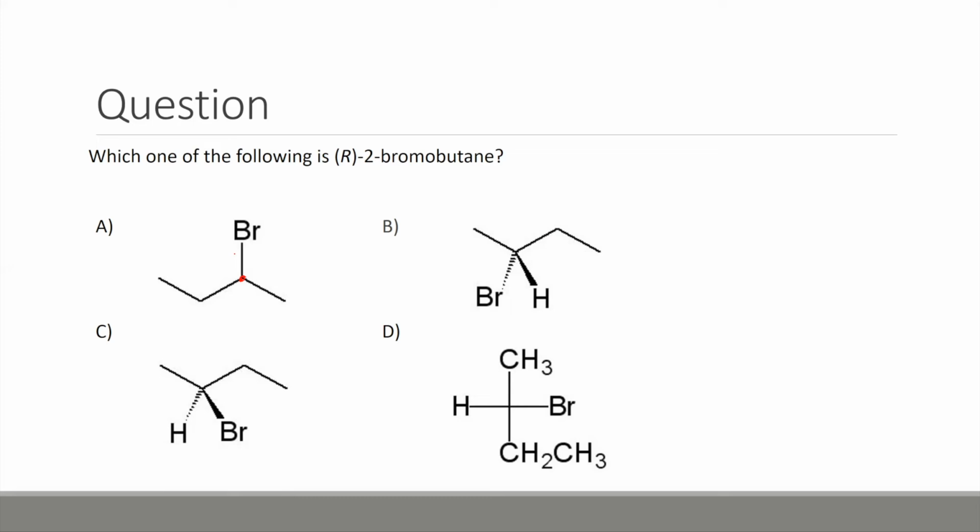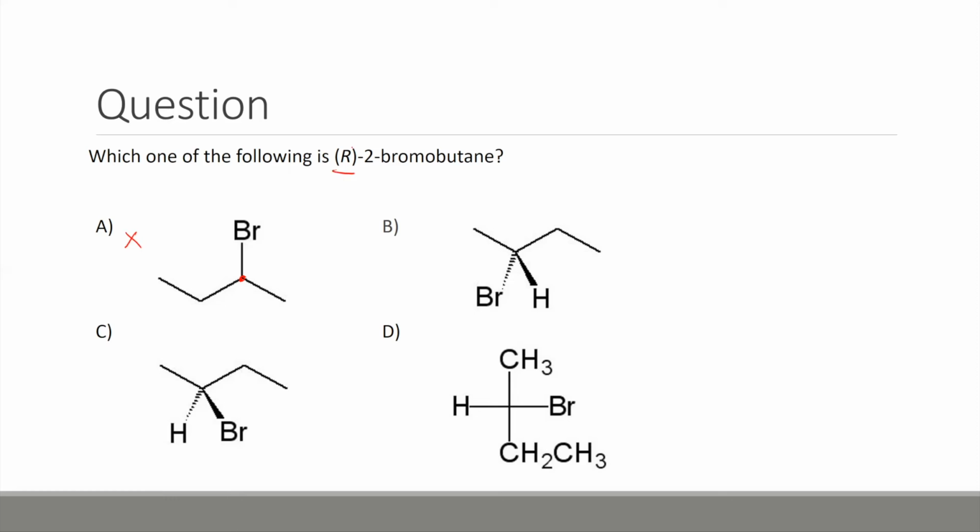And so we cannot determine if it is S or R because we don't have any information about that bromine and if it is coming towards us or away from us. And that is actually very key for this type of problem. So A in general doesn't even give you information to find out if it is R.